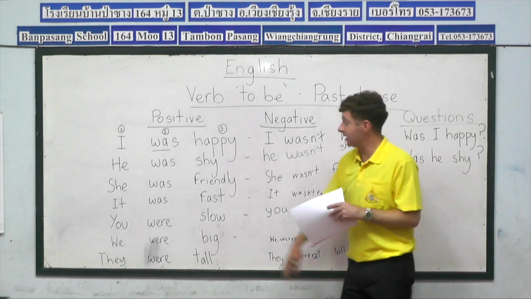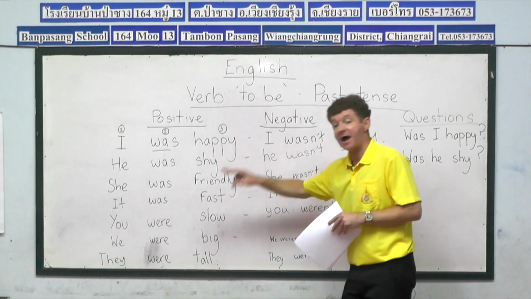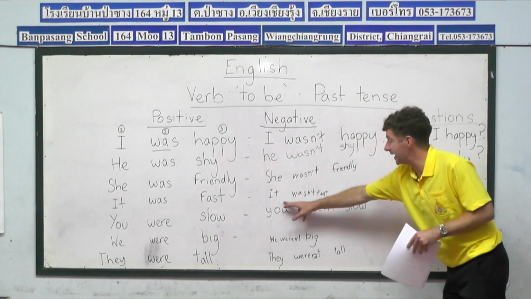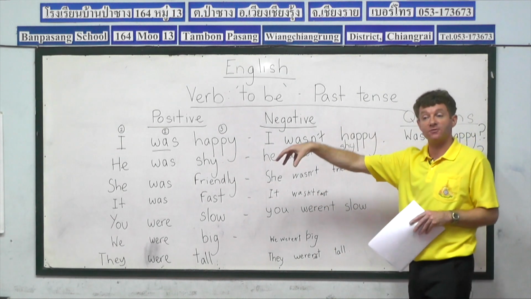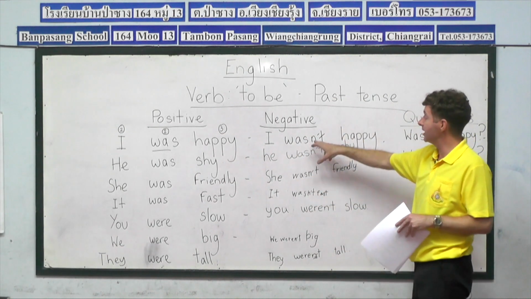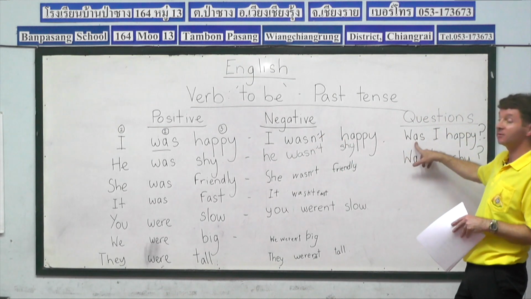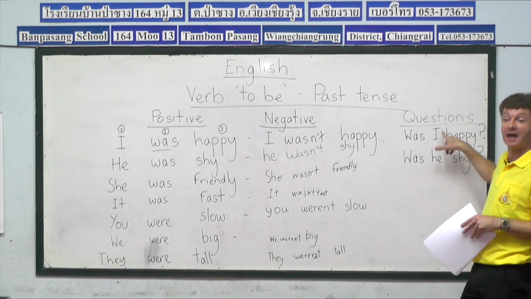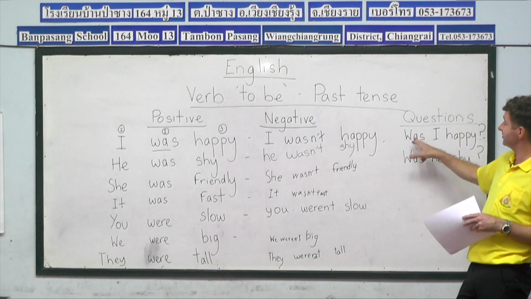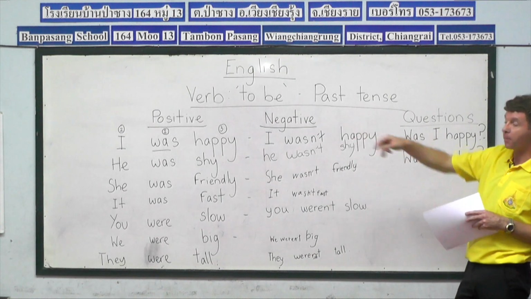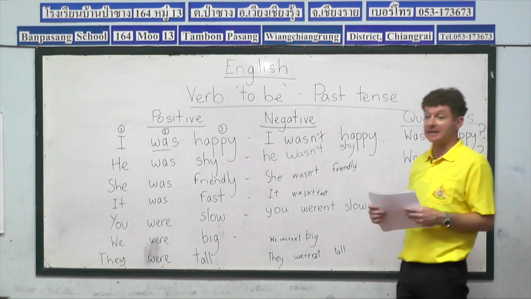And it's the same for the word it was fast. It wasn't fast. To turn the positive into negative form, N apostrophe T. And for the question form, was I happy? We turn the first and second letters of the positive statements around and then question mark at the end.